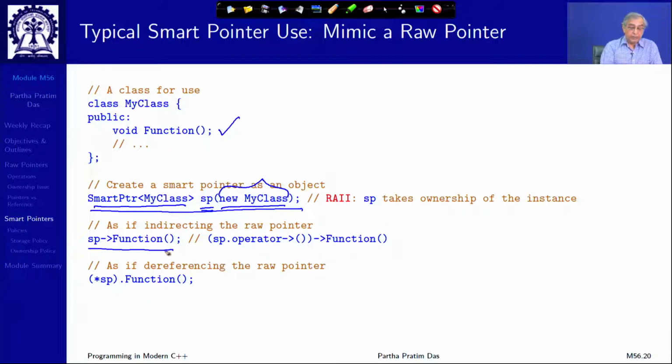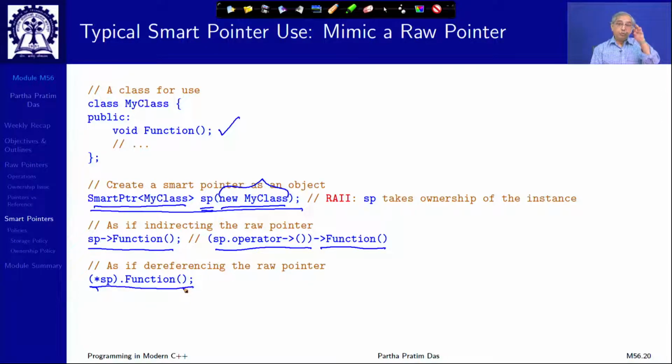And then I can do, as I do with a pointer, similarly SP pointer function, because SP pointer function is SP dot operator indirection, and what will that give me? That will give me the internal pointer, and on that the function will be called, which is a normal call, or it can work as dereferencing exactly in the same way.